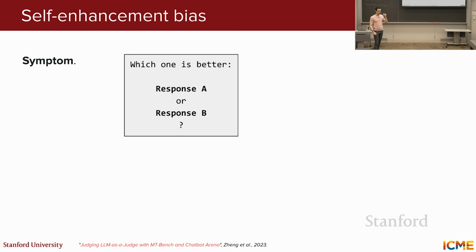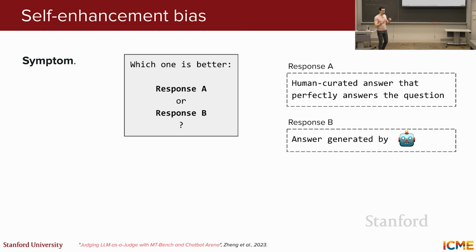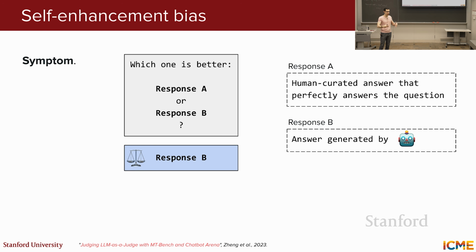Okay, so we've seen position bias, we've seen verbosity bias. Now we will see the third kind of bias that you may see out there, which is called self-enhancement bias. That one has to do with the fact that if you ask a model to judge an output that was produced by itself, the model will tend to prefer responses generated by itself, regardless of whether the other one was more aligned with what we wanted.